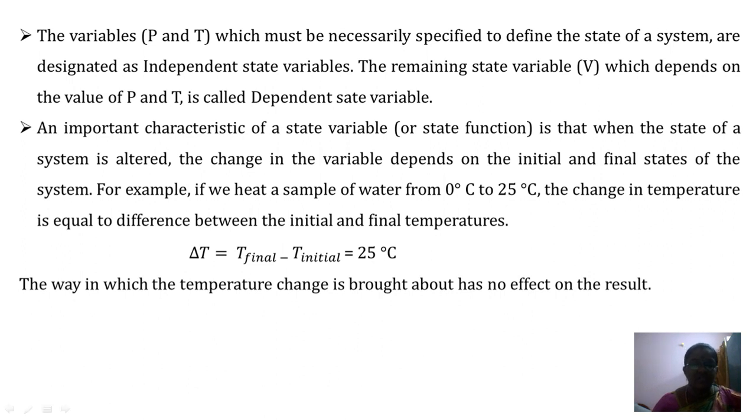That is, change in temperature delta T equal to temperature of final state minus temperature of initial state, which is equal to 25 degrees. So the way in which the temperature change is brought about has no effect on the result.